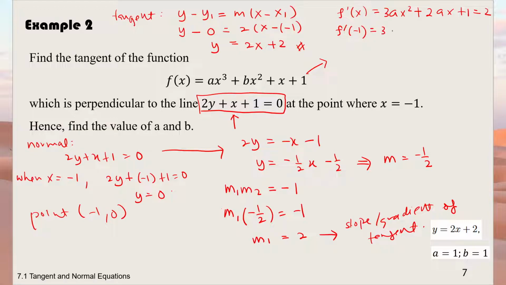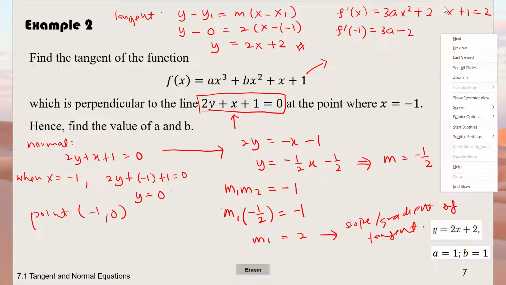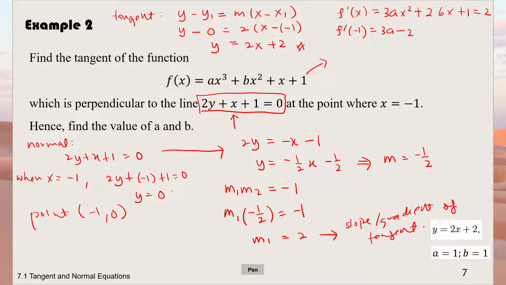So that means 3a minus 2b plus 1 equals 2. So my 3a minus 2b must equal 1. Okay, this is the first thing.